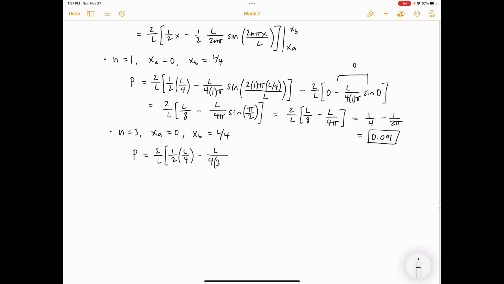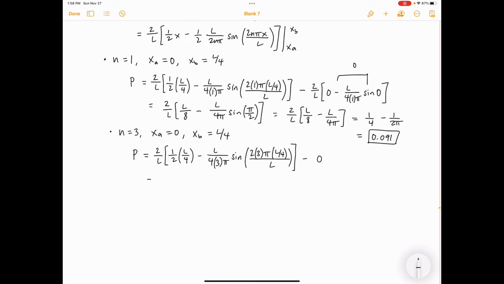Now n is equal to 3, so this is 4 times 3 times pi. And then we have the sine of 2 times n, that's 3, times pi, and then x is L over 4. And then we divide that by L. So that's what I get when I plug in the top limit. And then just like before, if I plug in the bottom limit of 0, I'm just going to get 0 out as a result. So I'll just say minus 0 for short.